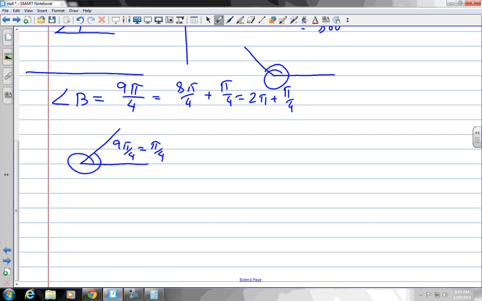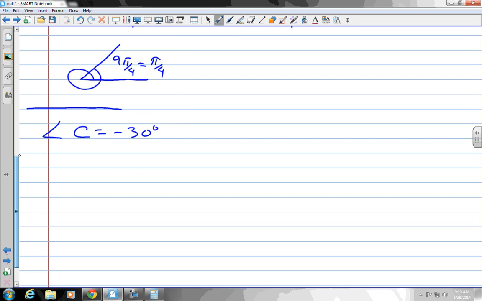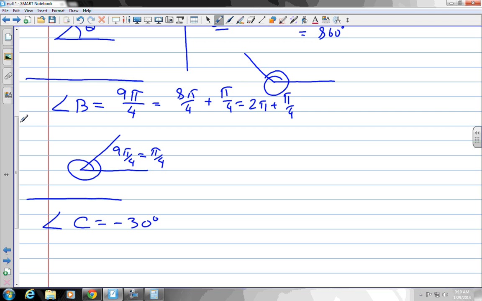I have some other funky angles. Here's something we haven't seen yet. Angle C equals negative 30 degrees. Does anybody know what the negative represents when you're talking about angle measures? Yeah, the opposite direction. So far we've been taking our angles and taking the terminal side and rotating in the counterclockwise direction. So the negative means going in the clockwise direction.